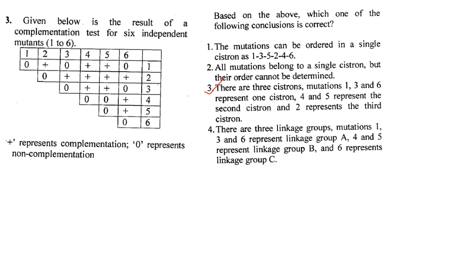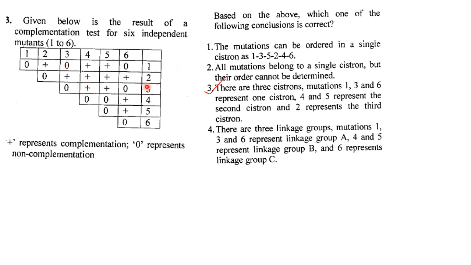In the first row, 1, 3 and 6 are non-complements. In the second row, only 2 is non-complement. In the third row, 3 and 6. Okay, 3 and 6 have come in the first row also, that is 1, 3 and 6.